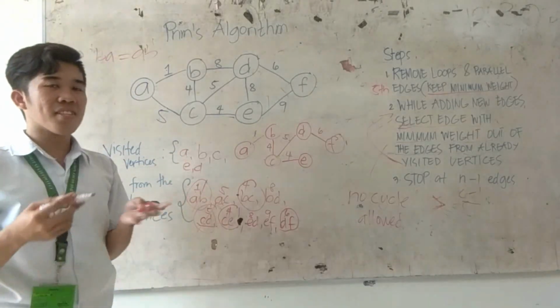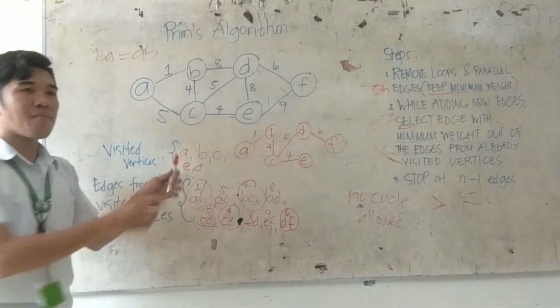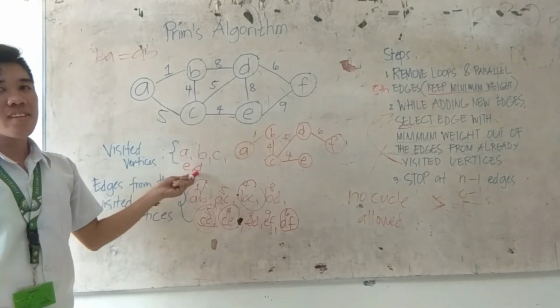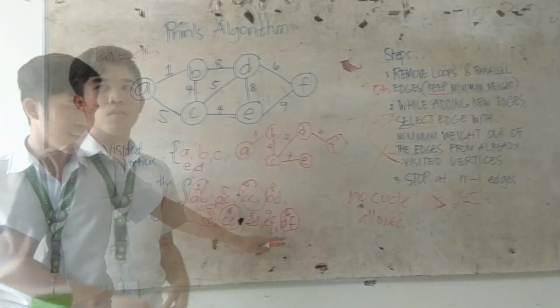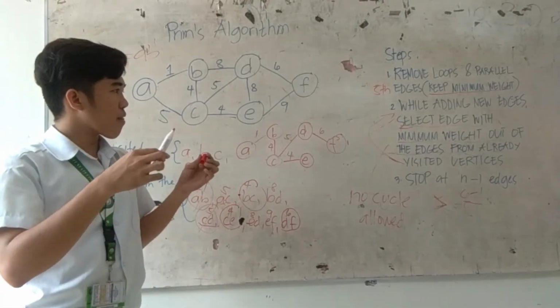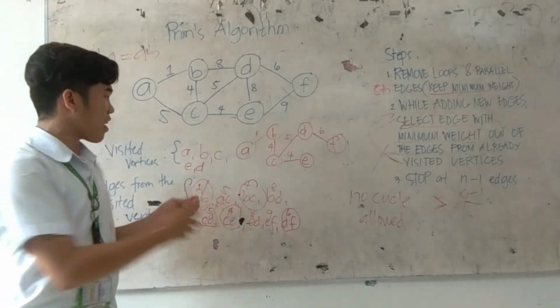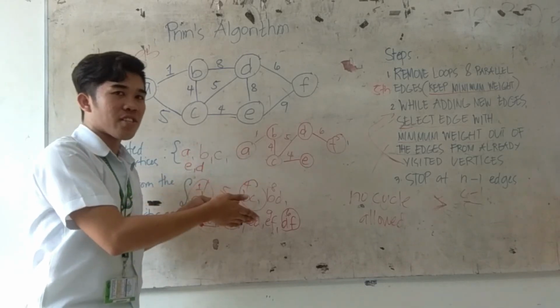So it doesn't mean that the minimum weight is always in the newly visited vertex. This proves that the minimum weight is not always in the newly visited edge.